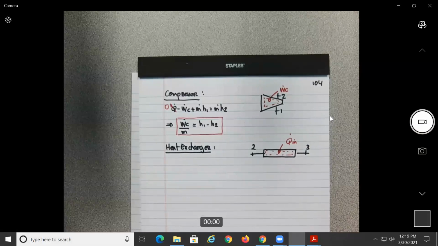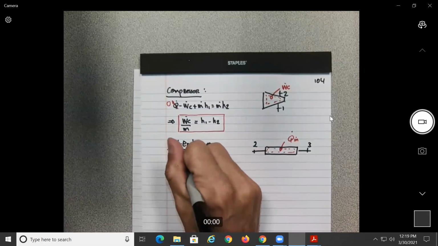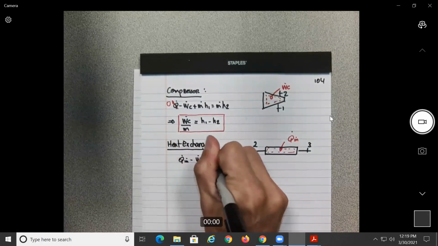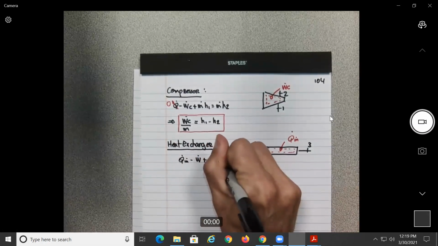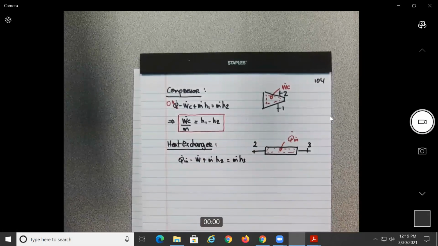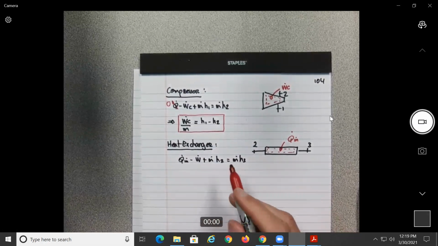So again, we write down our first principle of thermodynamics. You see, it's over and over the same procedure, no? Q dot in minus power plus M dot H2 equal to M dot H3. This time, what is 0? The heat exchanger does not require power, no?